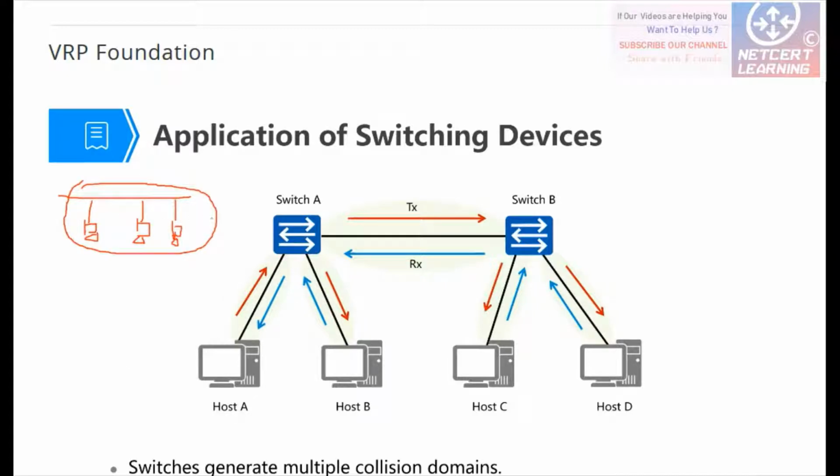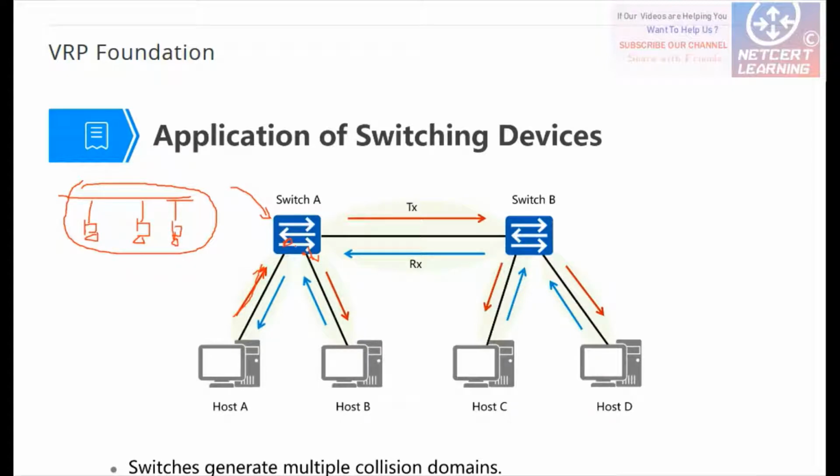But now we introduce the switch. The mechanism of the switch is different from the coaxial cable. When the host sends data to the switch, the switch stores it in its memory, detects the destination of this data, and then sends it to the other interface. Of course, before sending, the switch detects whether the link is idle. If idle, it sends.